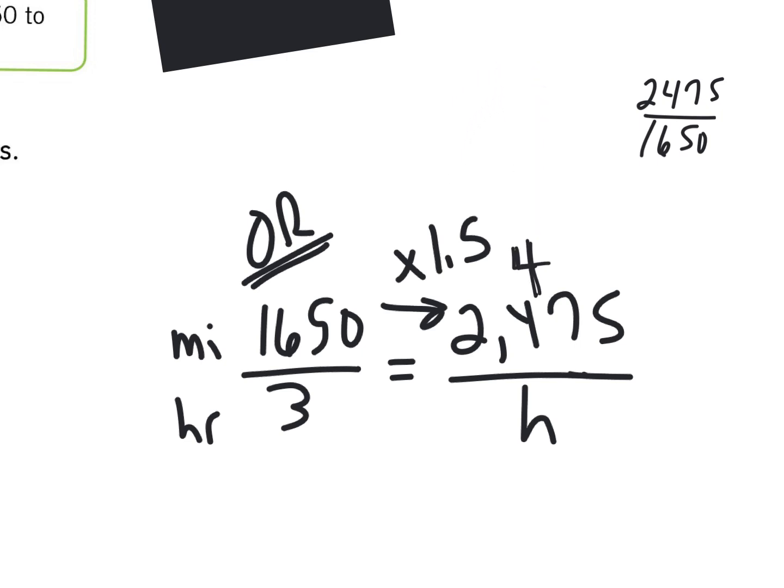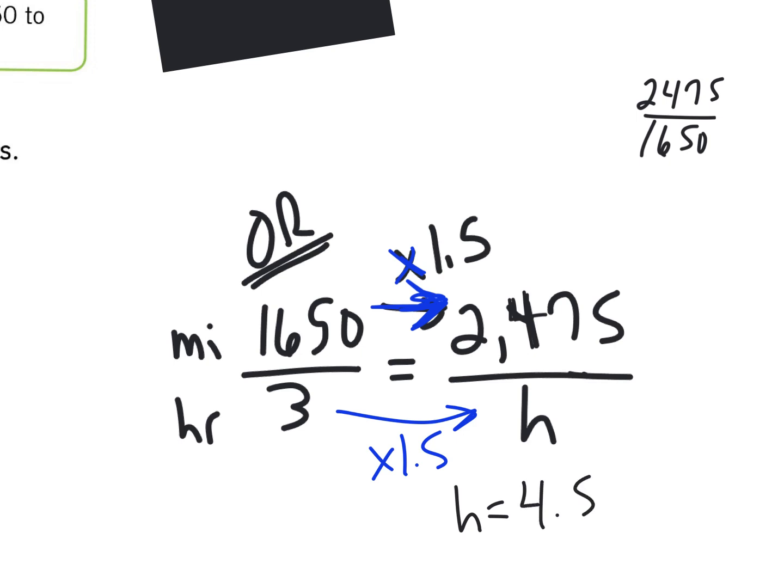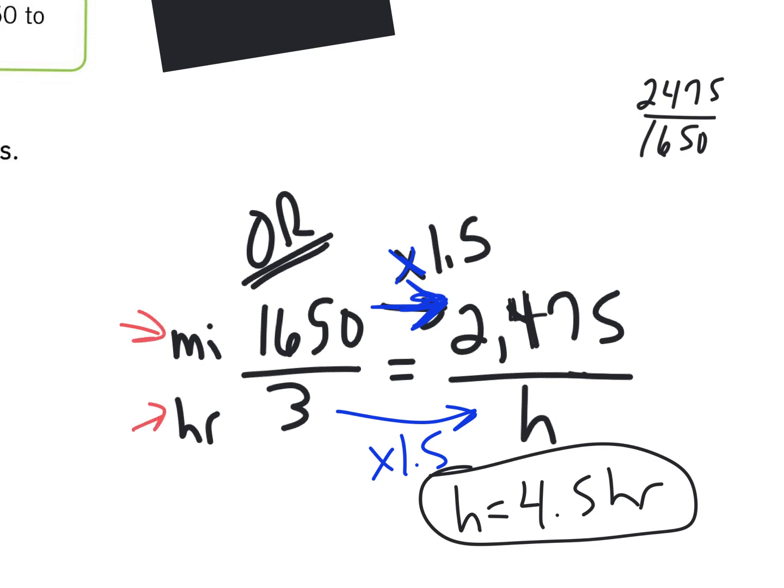Okay, so that's 1.5, and then if we're going towards the variable, this is getting bigger, that means it's multiplying by 1.5, and so 3 times 1.5 would be 4.5. Again, just make sure when you write these problems, you put units next to these, so you can keep track of what needs to go where in your other part of your proportion.